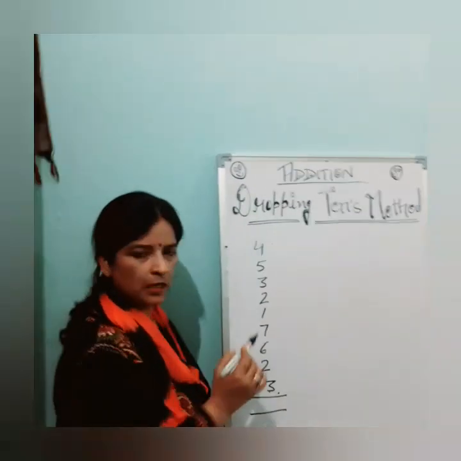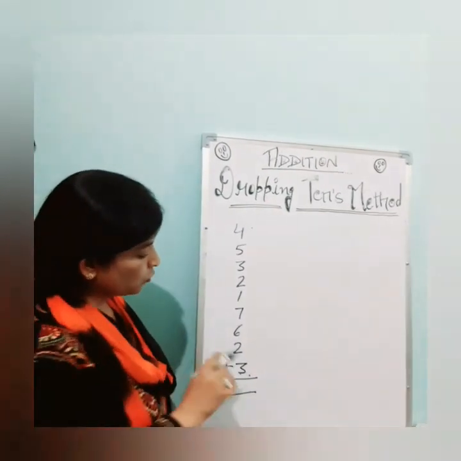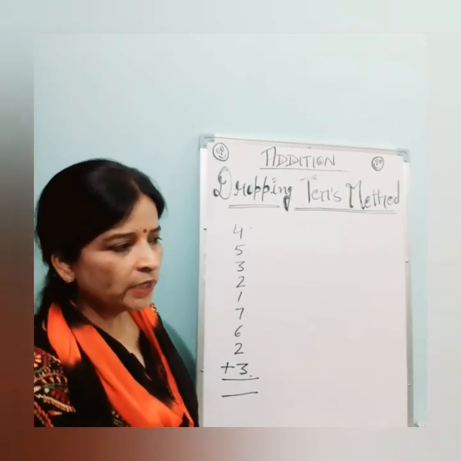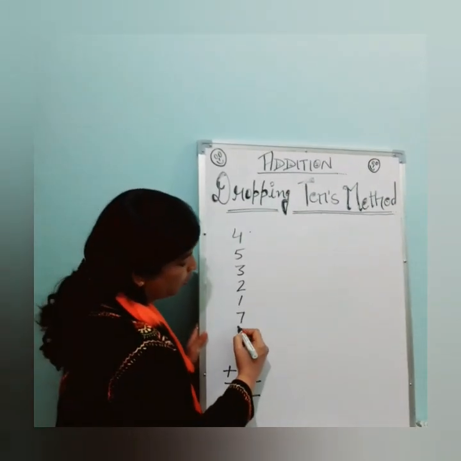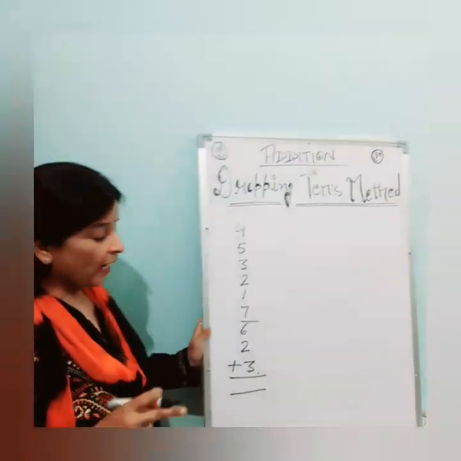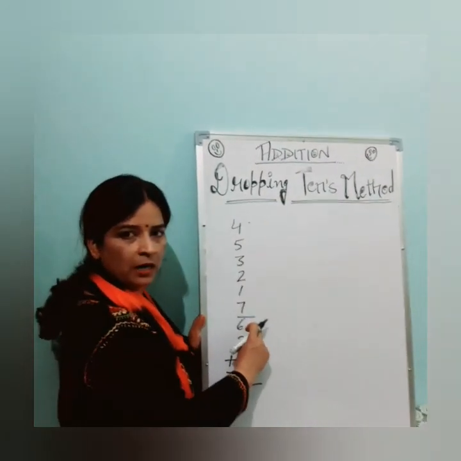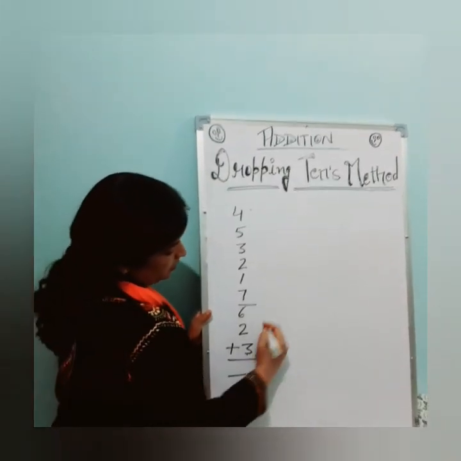Whenever we get 10 or more than 10, we will drop 10 here. And to remember it, we will draw a line or bar there.